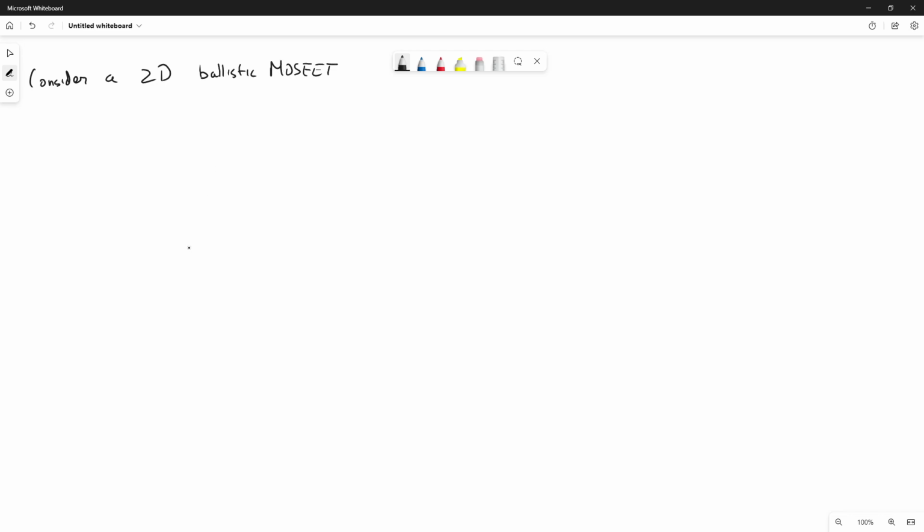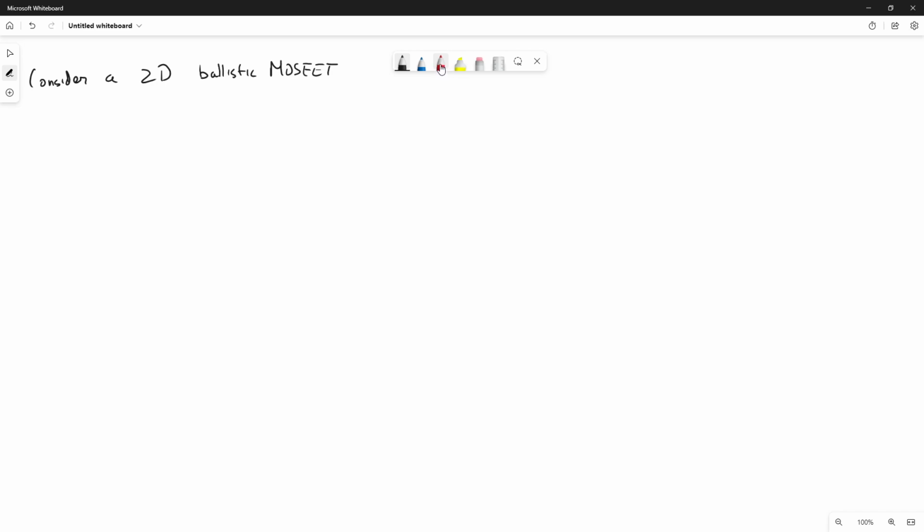So first, whatever be the channel dimension, how will the band diagram of a ballistic MOSFET look like? A MOSFET, not a two-terminal device, the three-terminal device. Please don't try to describe the band diagram verbally. I will draw the diagram. Just tell me what goes where.